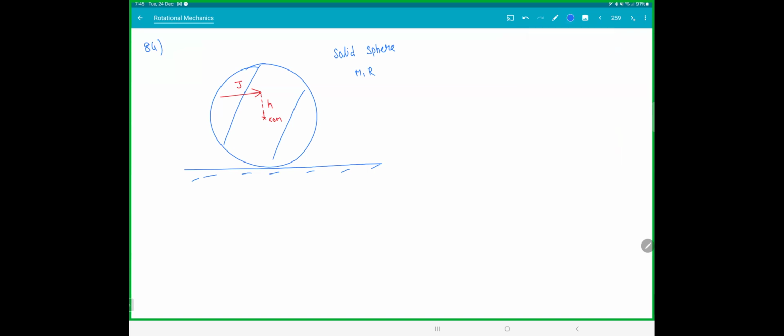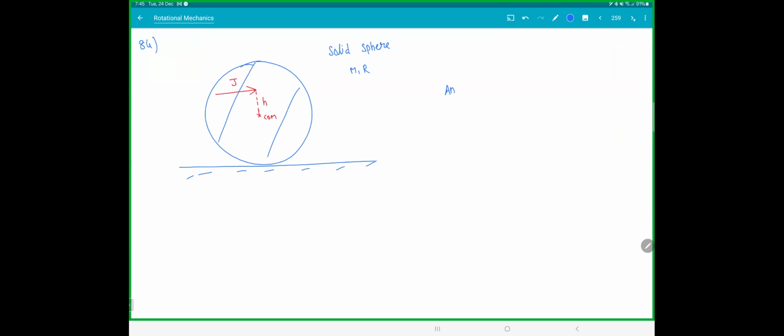Maybe you're playing snooker or something, you just hit it. You just punched it there. This is an easy one, but you should know how to get this. Find V and omega. After the impulse, find h if the body starts pure rolling.